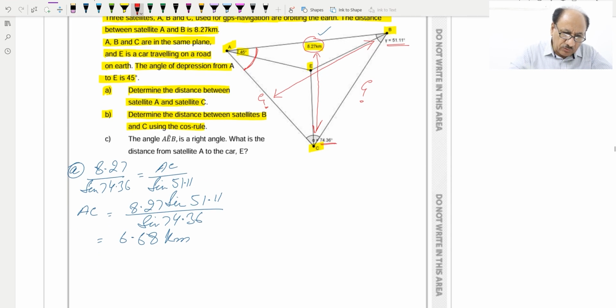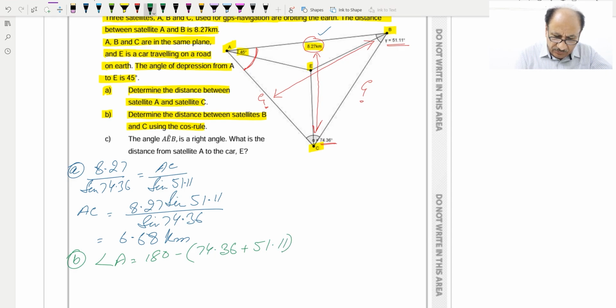I will be solving part B using different colors. So angle A is equal to 180 minus the other two angles, 74.36 plus 51.11, and these are all in degrees.